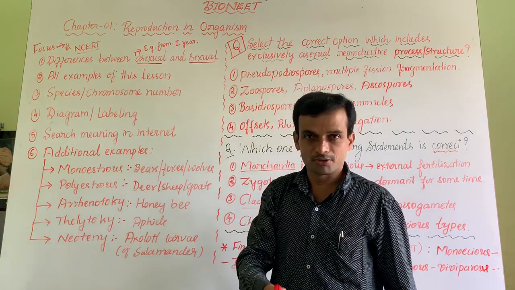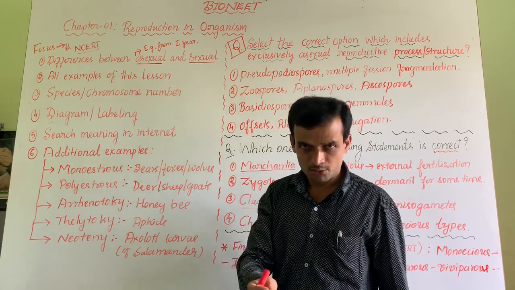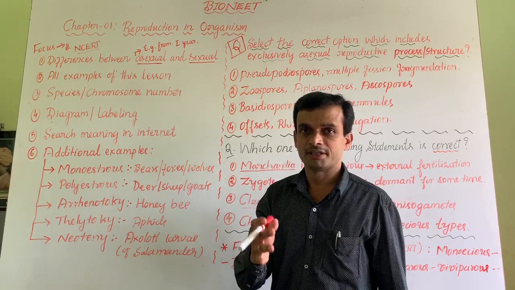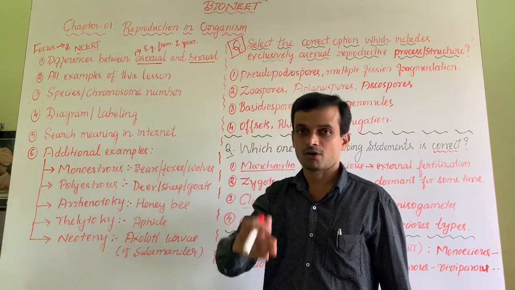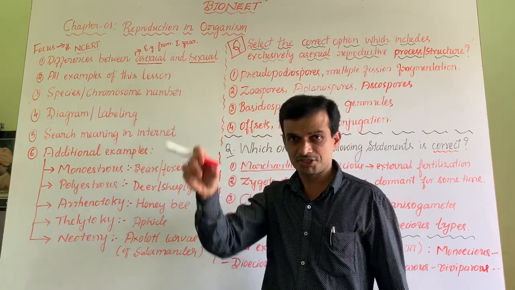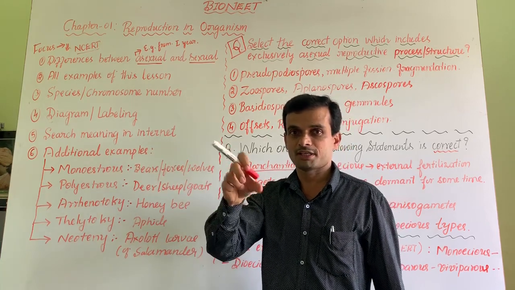All examples of this lesson, it can be Chara or Cladophora or papaya, date palm. Try to take the names of all plants with a common name or scientific name and just mention why you took that example. Why do you take that Cladophora?